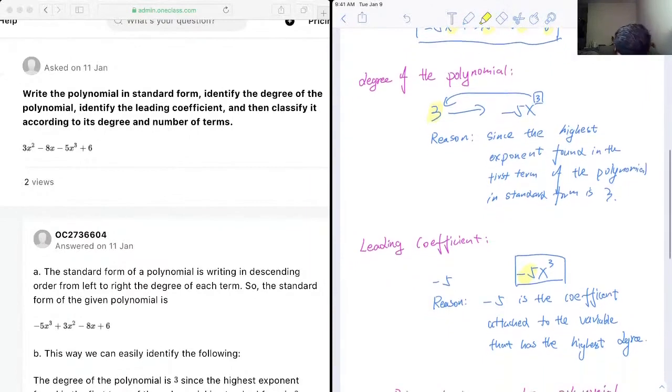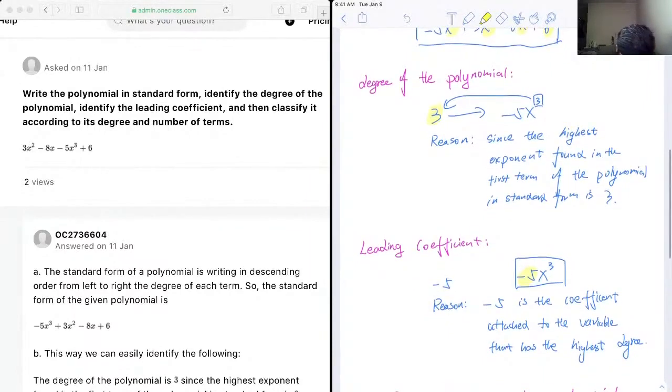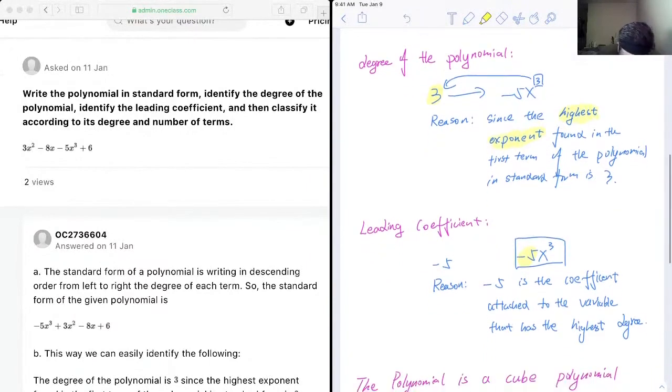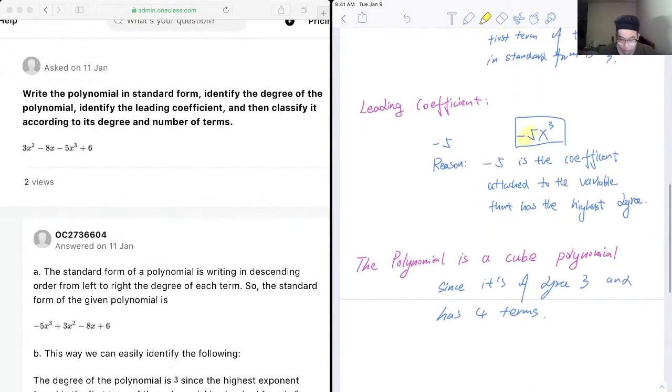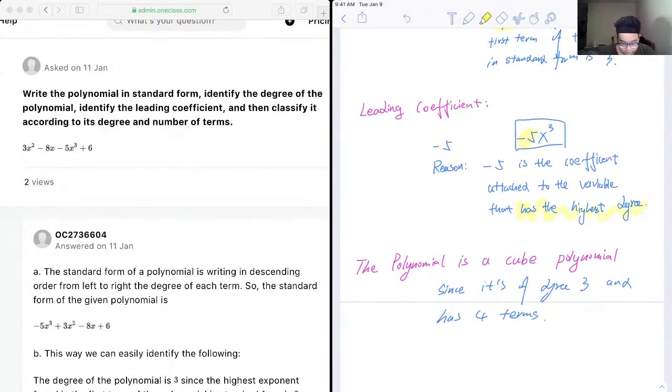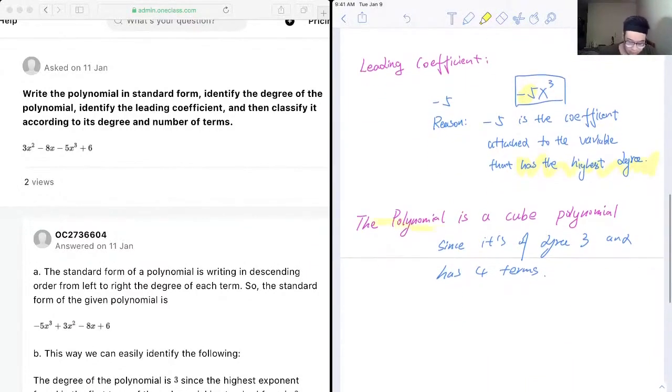So the keyword will be the highest exponent. And for the leading coefficient, it is just the coefficient attached to the variable that has the highest degree. And lastly, the polynomial is a cubic polynomial.